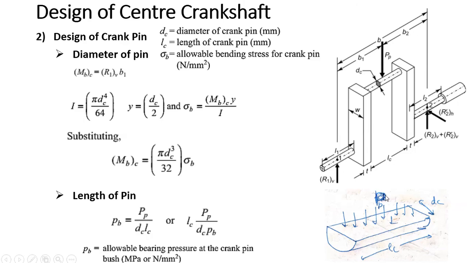So PB is equal to PP by DC into LC, and you will calculate the value of LC from this. So the diameter and length of the pin you calculate using these two expressions, where PB is the allowable bearing pressure at the crank pin, normally varying from 12 to 14 megapascal, again given in your question.